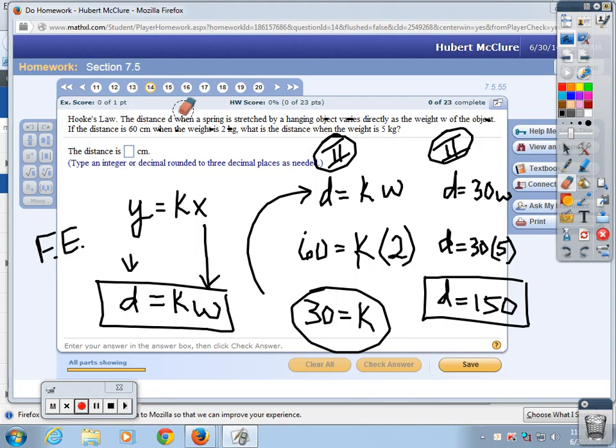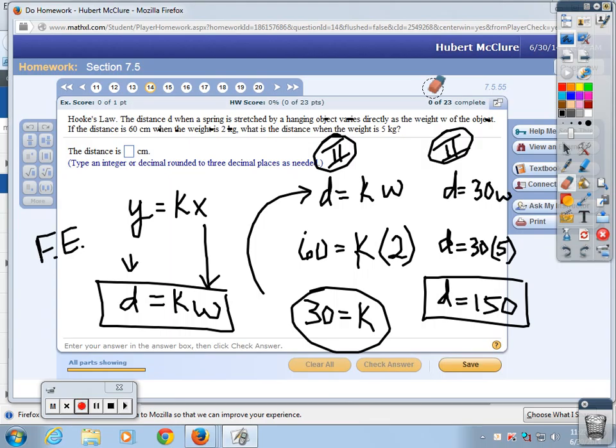It says the distance when a spring is stretched by a hanging object varies directly as the weight of the object. If the distance is 60 centimeters when a weight is 2 kilograms, they're saying that a spring stretches 60 centimeters. So they must be assuming it's sitting at 0. In other words, they don't give you the length of the spring.